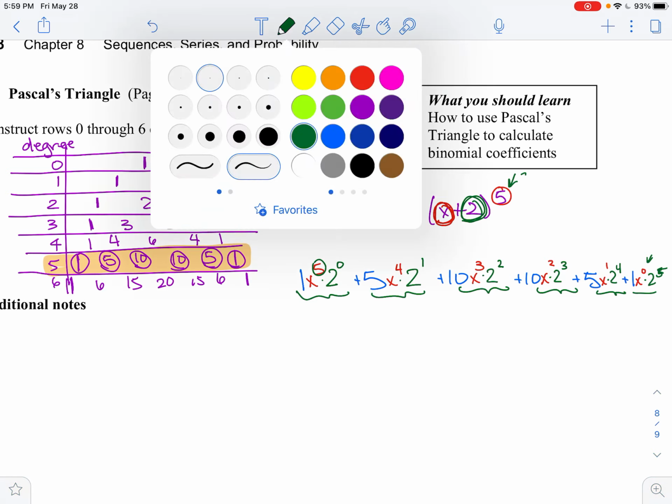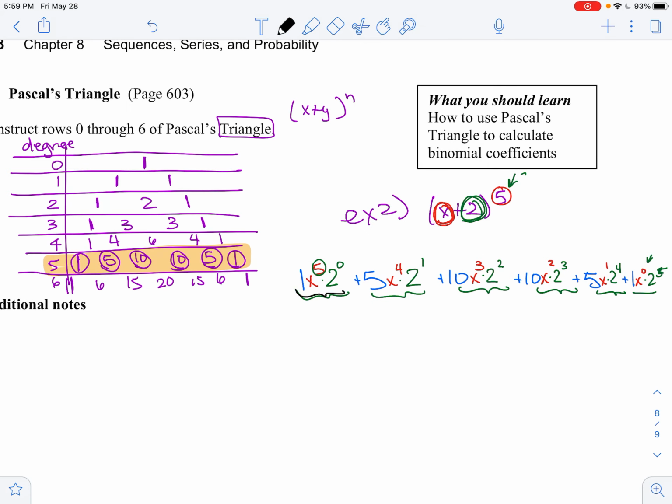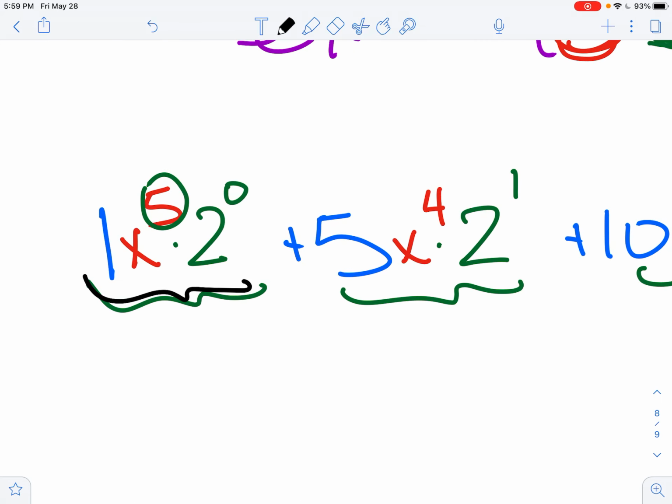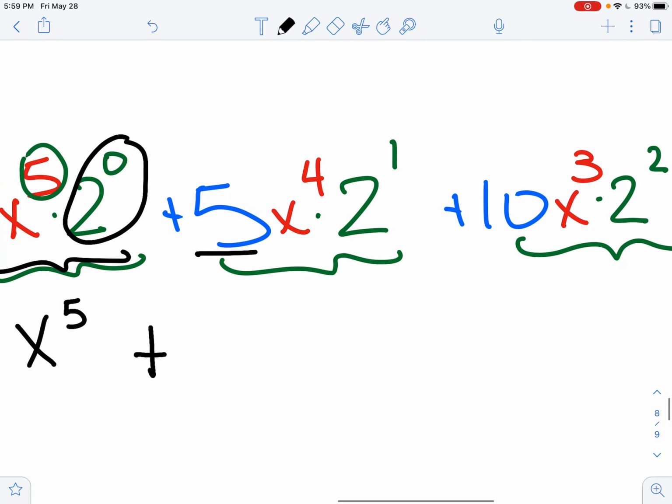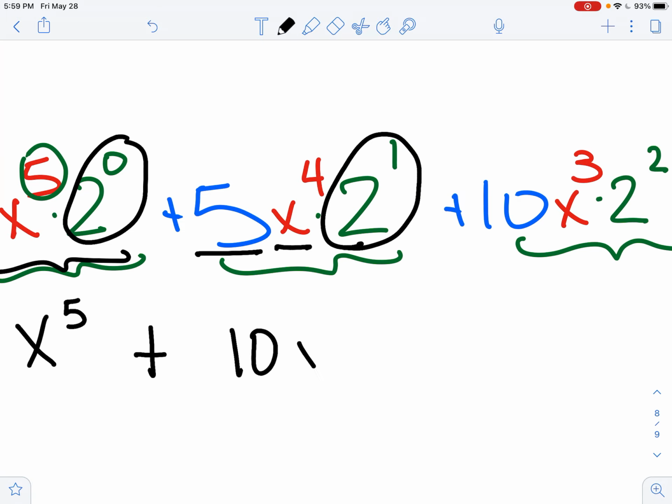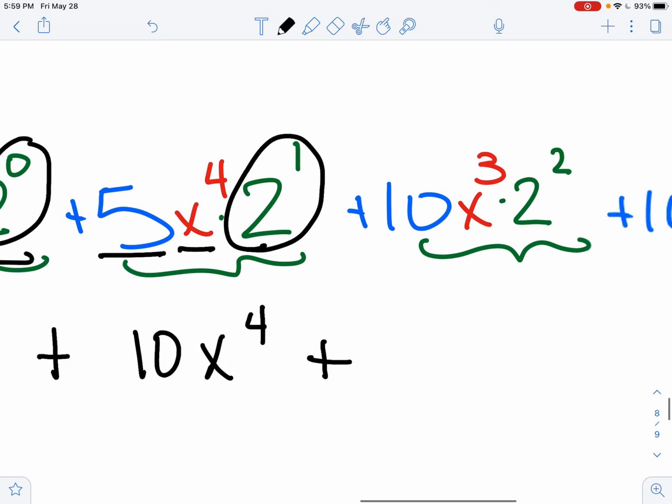So now we're going to just simplify for each of these terms. Well, I know for this one, 1 times x to the 5th is x to the 5th times 2 to the 0 is just 1. So this is just x to the 5th. Here I know this is 5 times x to the 4th times 2, which is 10 x to the 4th.